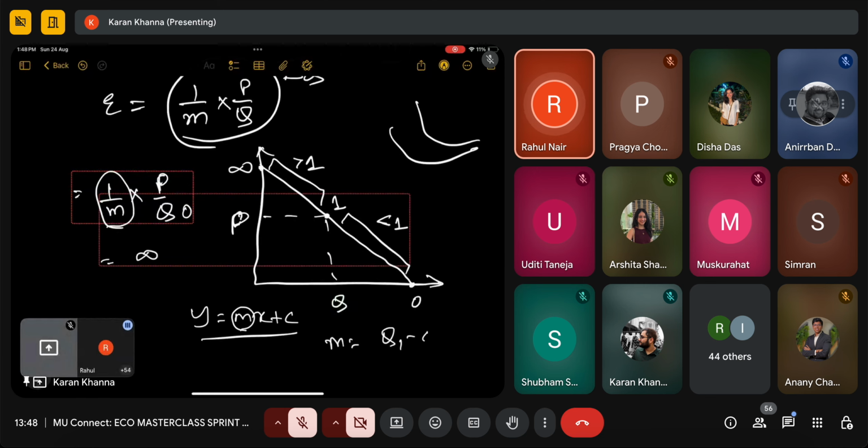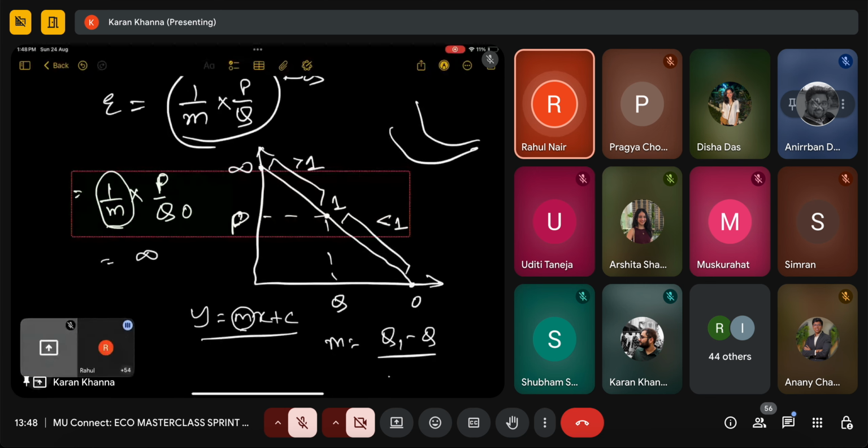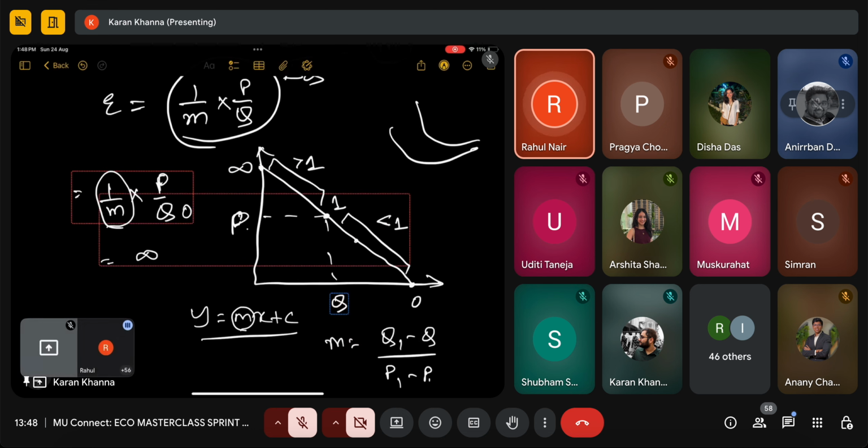M is basically Q1 minus Q divided by P1 minus P. Take one point here, take another point here, and see the difference in the P and in the Q. Plot these here, and you'll easily be able to find it. But I don't think the questions will be that complicated, right?